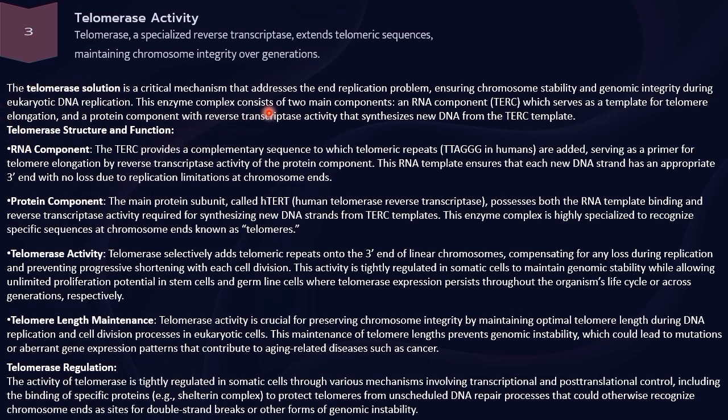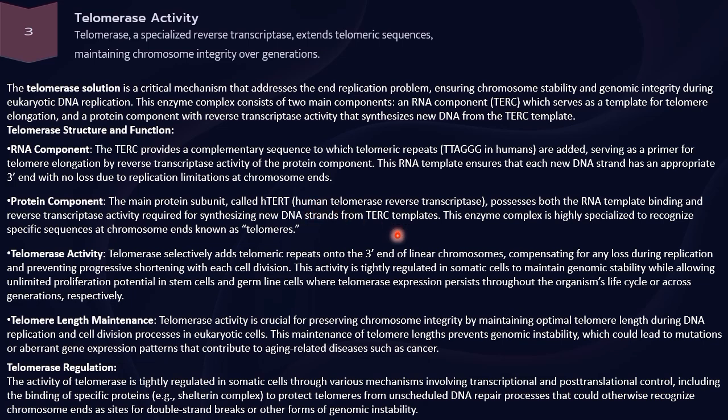First is the RNA component known as TERC, which stands for telomerase RNA component, which serves as a template, and the second is the protein component, known as TERT or hTERT, which stands for telomerase reverse transcriptase and human telomerase reverse transcriptase respectively.